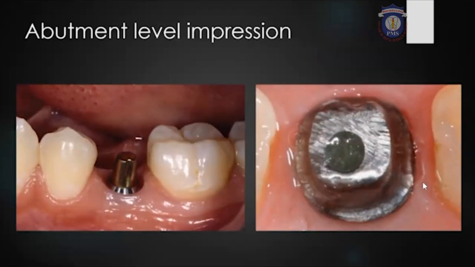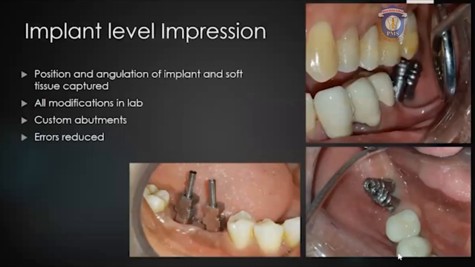But when you have an abutment which is equigingival or supragingival, in those cases alone, we might be able to do an abutment level impression. Otherwise, in all other cases, we have to go with something known as the implant level impression.